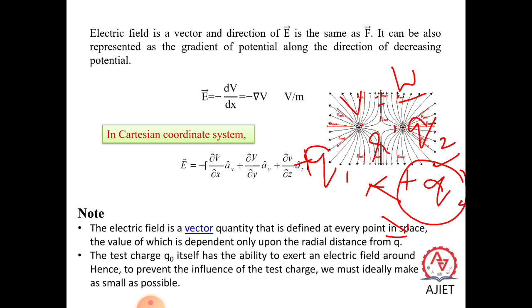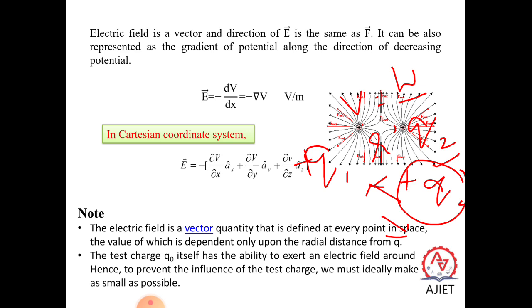The test charge Q naught itself has the ability to exert an electric field around it. Hence, to prevent the influence of the test charge, we must ideally make it as small as possible. So as I told, to determine the electric field, you have to bring a unit positive, infinitesimally small test charge near the source charge.